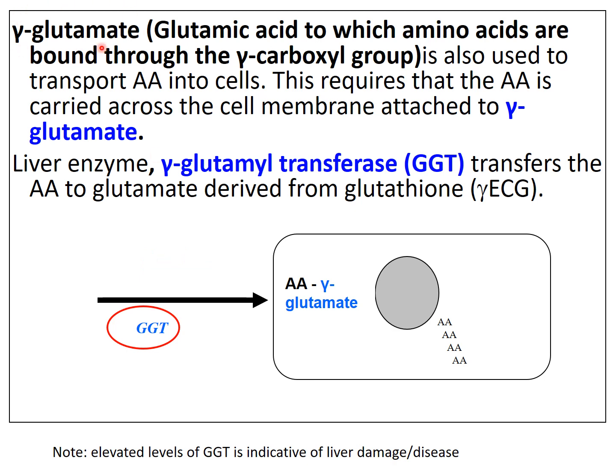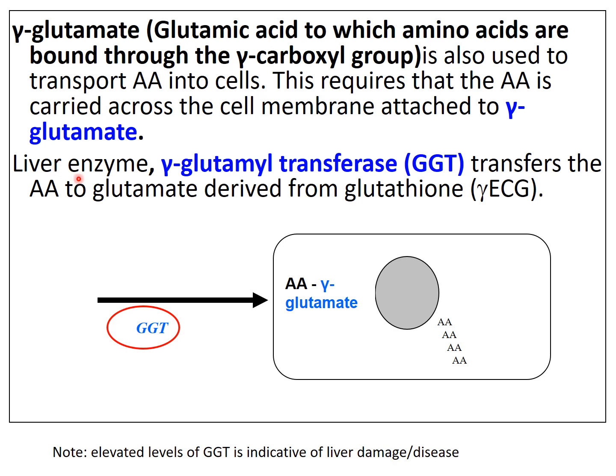That is why we call it gamma glutamate: glutamic acid is binding these other amino acids not through the alpha amino acid, but through the gamma carboxyl group of glutamic acid. So the carboxyl group, which is at the end of the side chain. To bind an amino acid to the gamma carboxyl group of glutamate, we need a specific enzyme, which is called gamma glutamyl transferase.